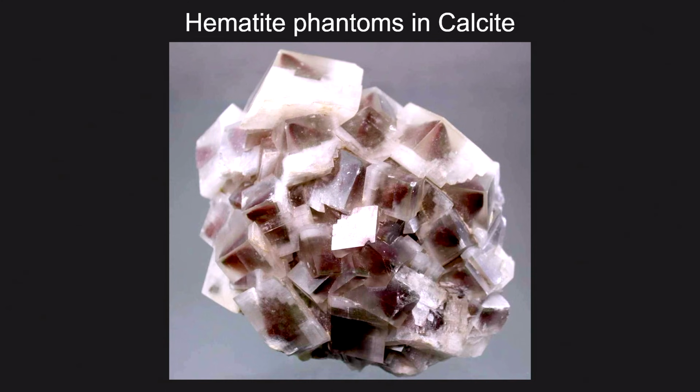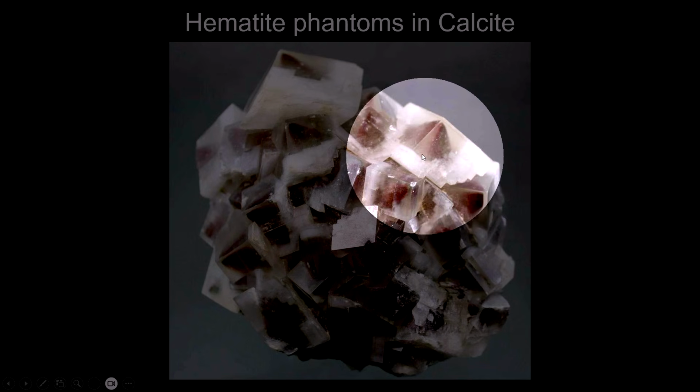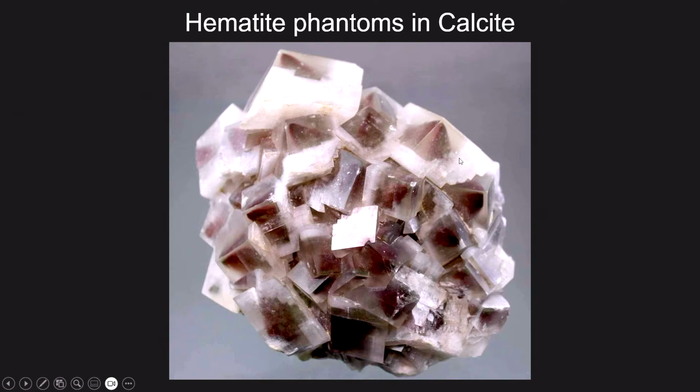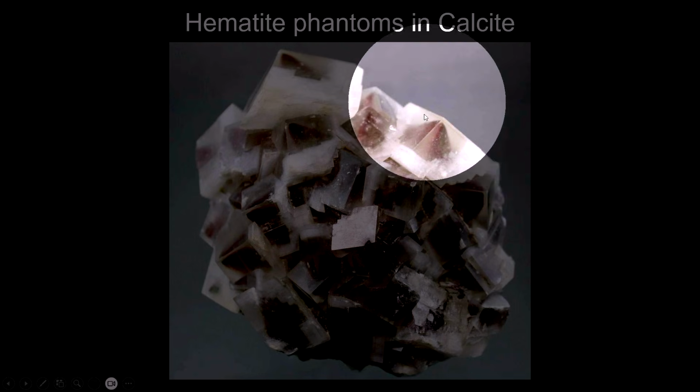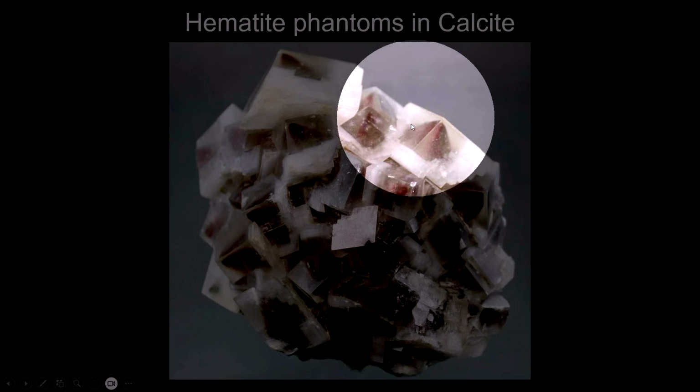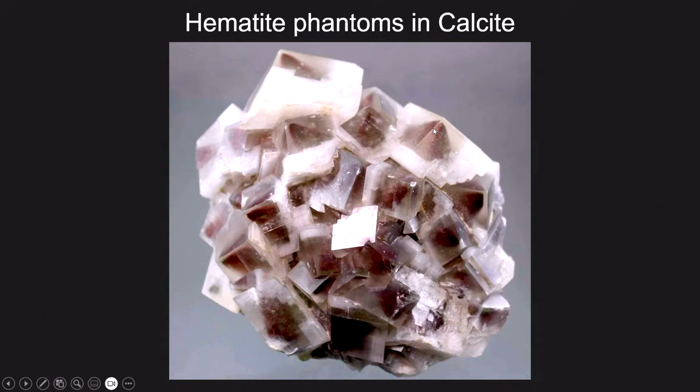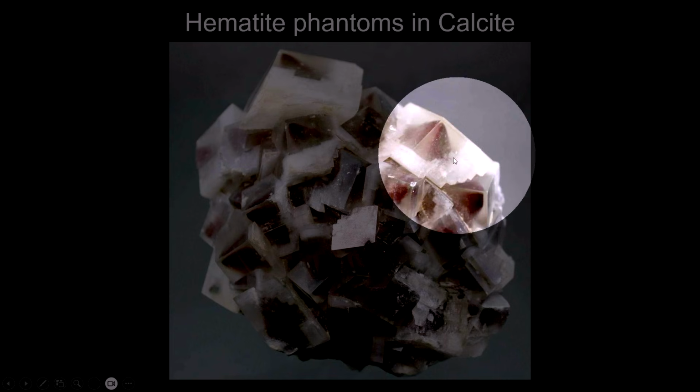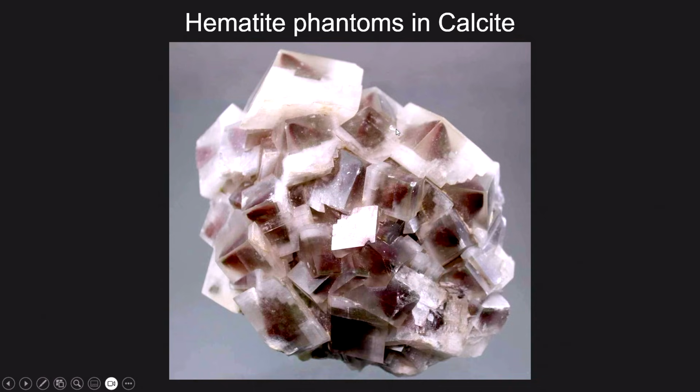Now that we've seen that, we can see the same sort of process occurring in this specimen where it was just hematite that colored the scalenohedral crystals before a second generation of calcite grew that was colorless in the area of the scalenohedral termination, but opaque in the peripheral parts of the rhombohedron.